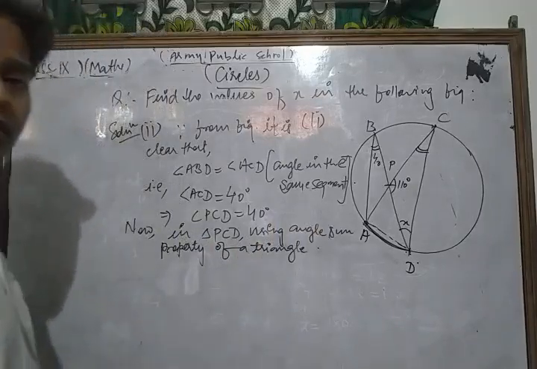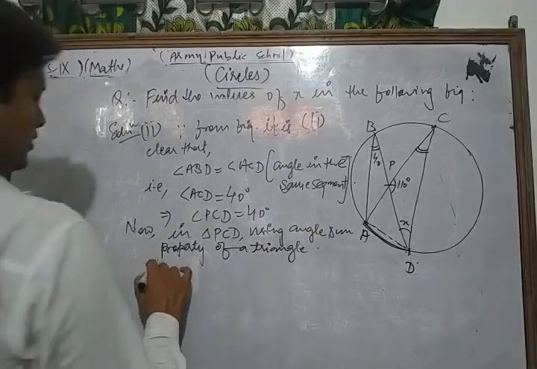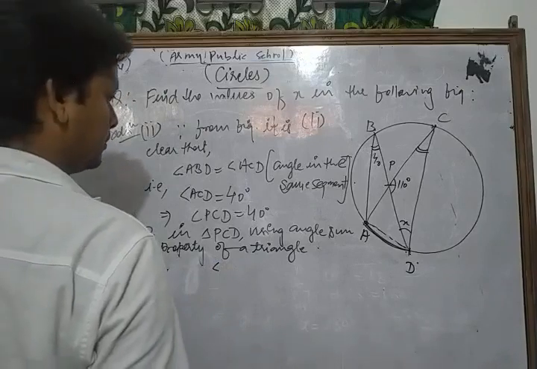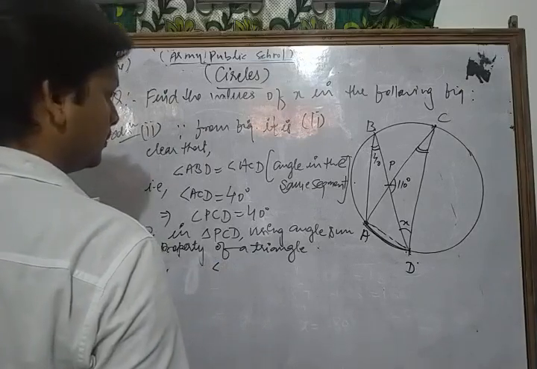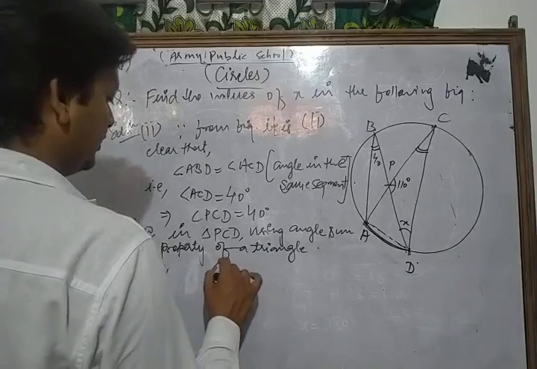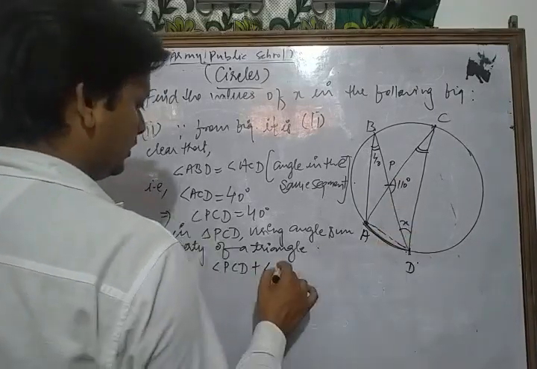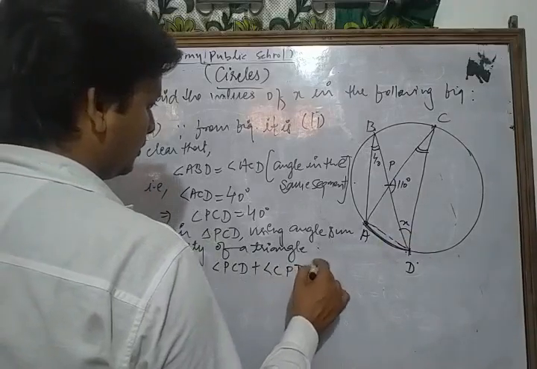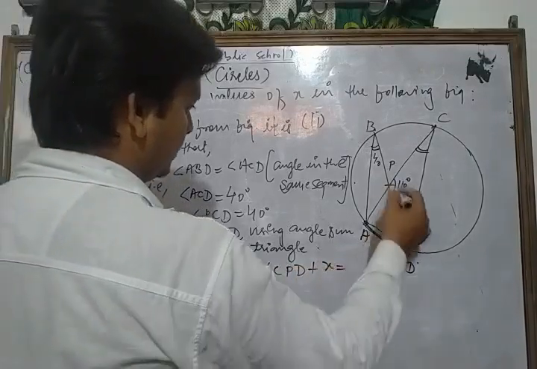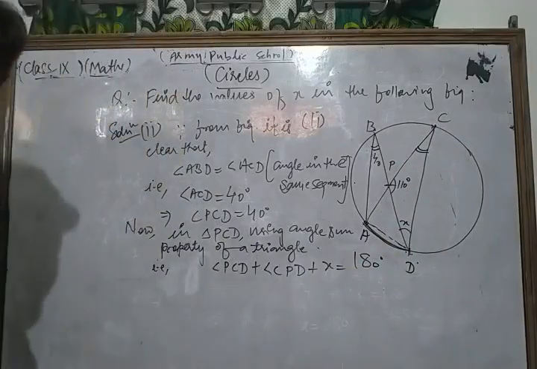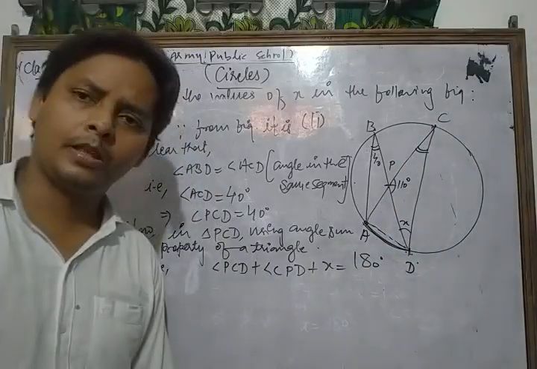The angle sum property of a triangle means angle PCD plus angle CPD plus X, which is angle PDC, is equal to 180 degrees.